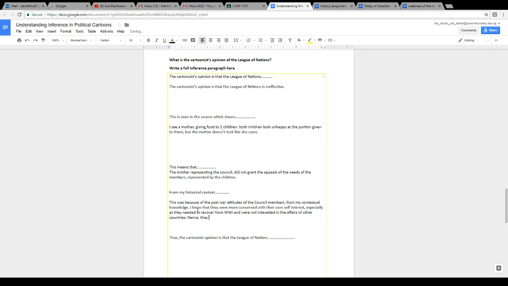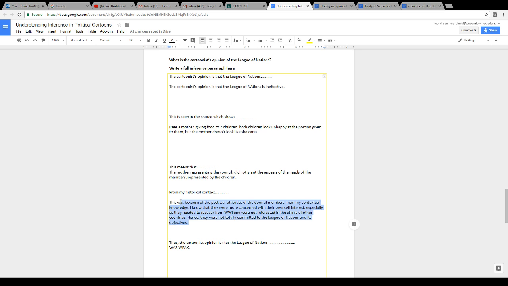Hence, they were not totally committed to the League of Nations and its objectives. Thus, the continuous opinion is that the League of Nations was weak.